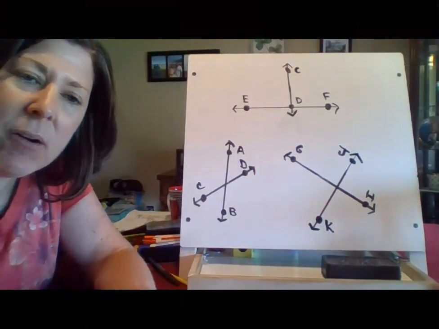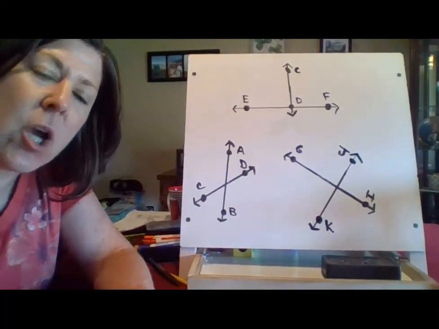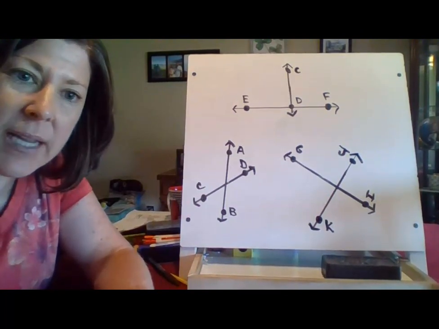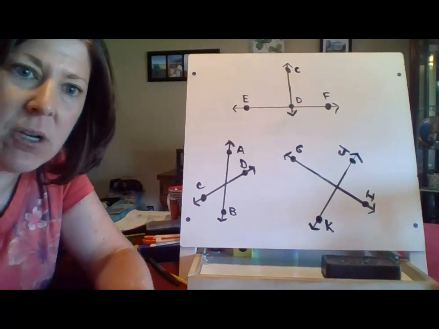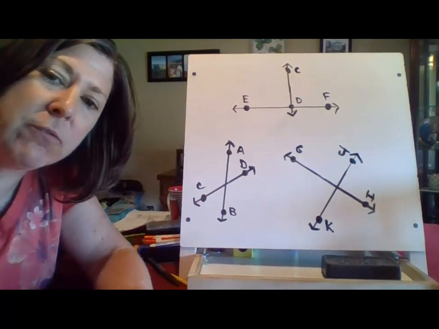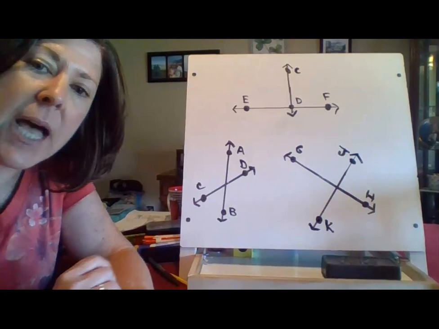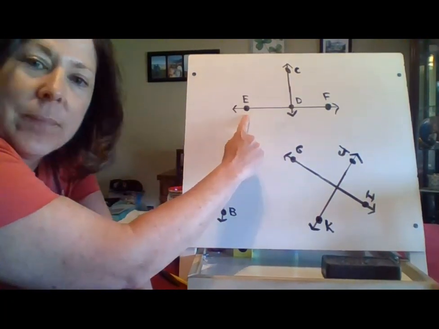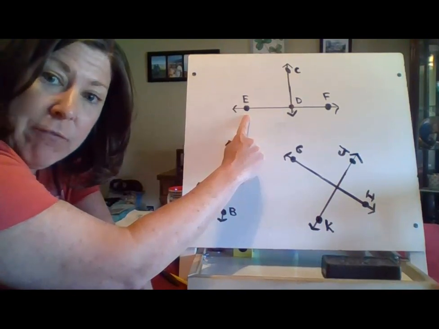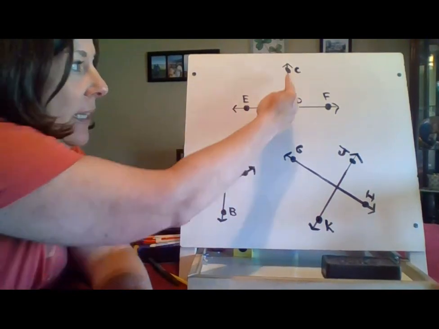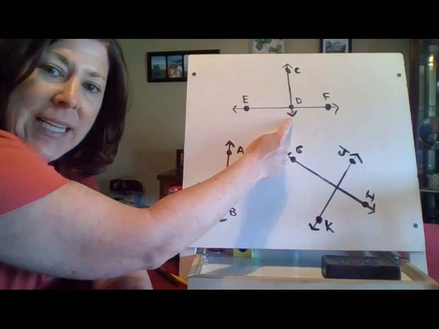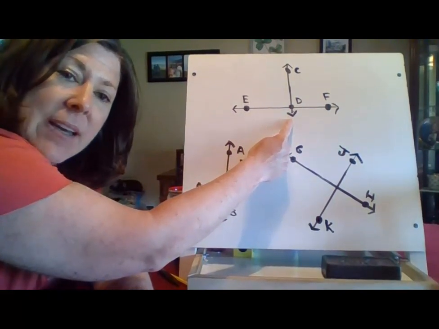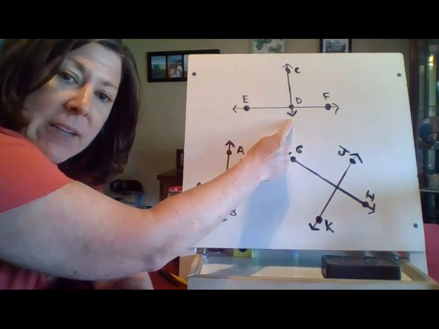So let's figure out if these intersecting lines are perpendicular or not. And remember, intersecting lines just cross each other. That's all. So let's look at our first example. I have two lines, CD and EF. And I'm wondering if when they intersected, did it form right angles?